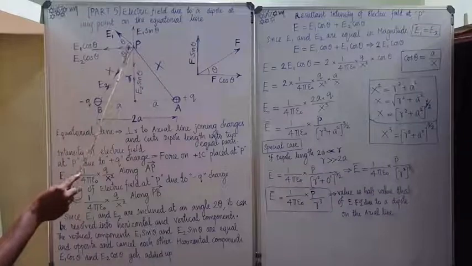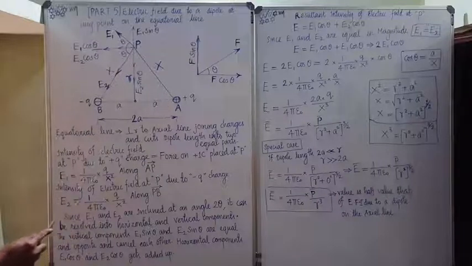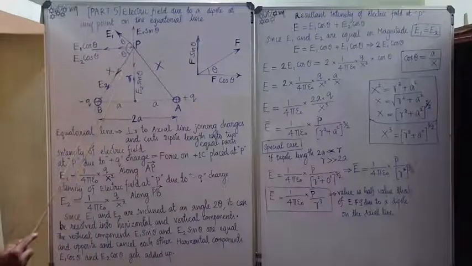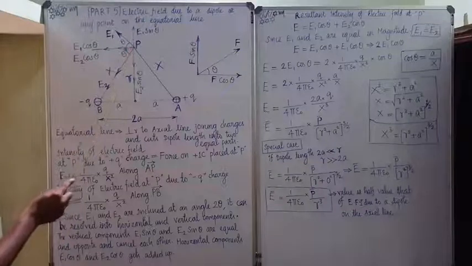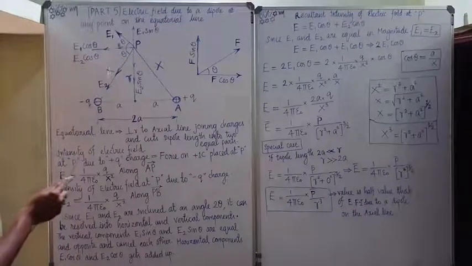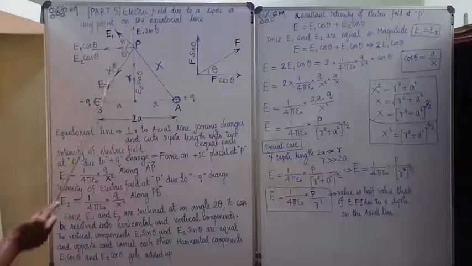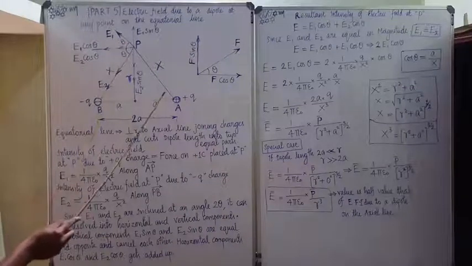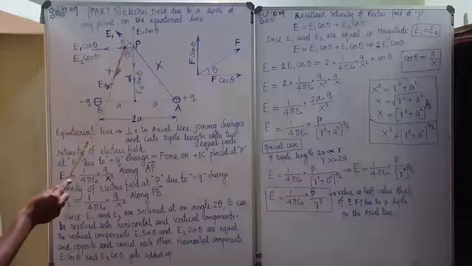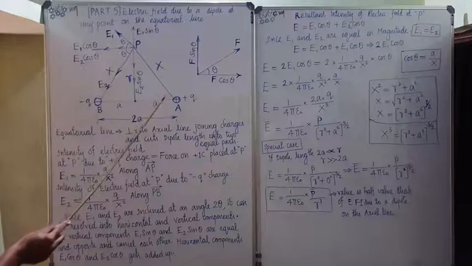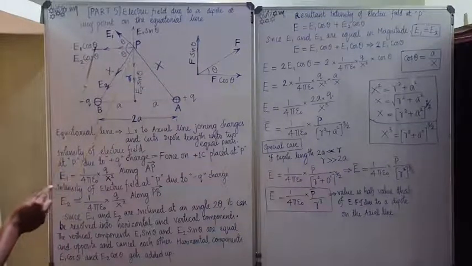Let a line parallel to the horizontal of the dipole be drawn from P towards the left. Then an angle theta is formed, and this angle will be equal to this angle, since these two lines are parallel.